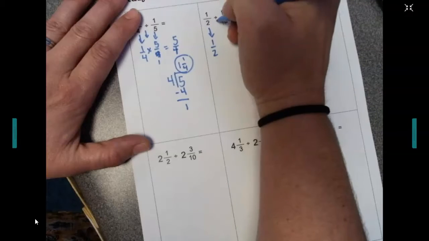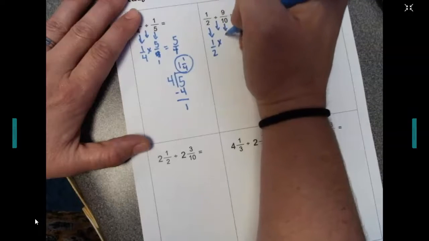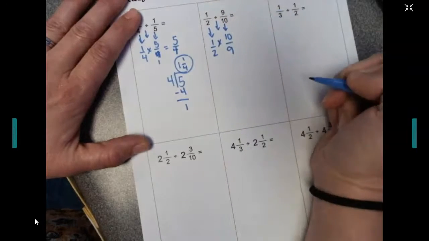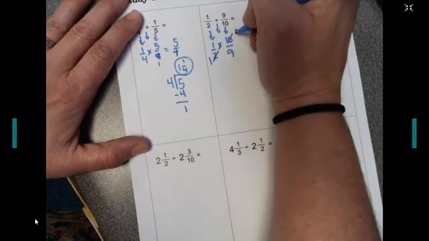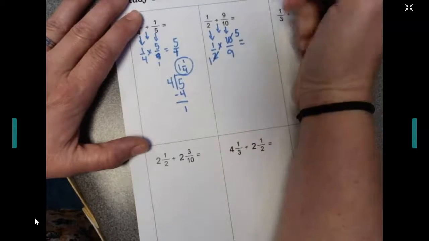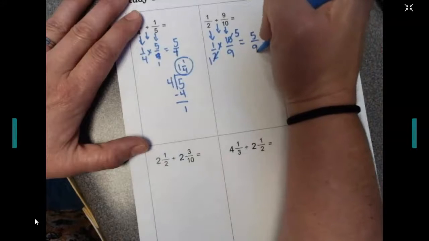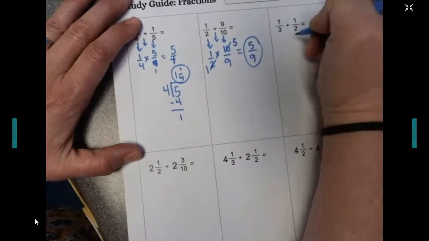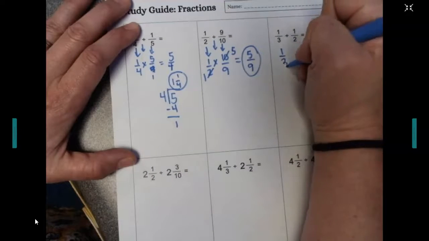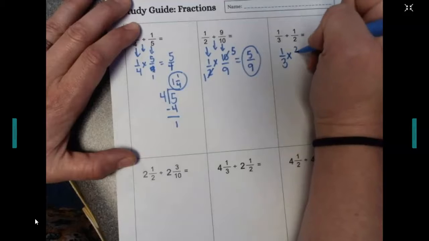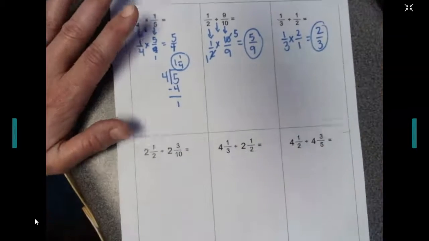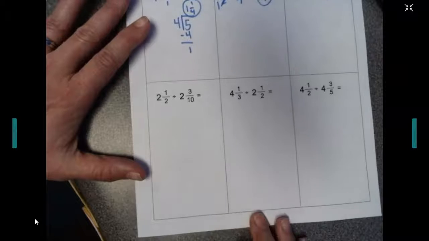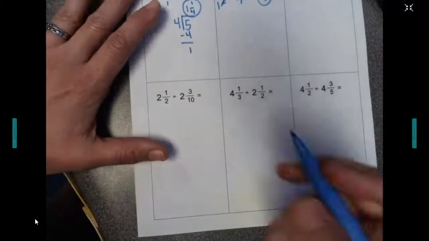Keep, change, flip. 2 goes into 2 once, 2 goes into 10 5 times. So we get 5/9. Keep, change, flip. 2/3. Okay, down here we have mixed numbers, so we have to change those into improper fractions.